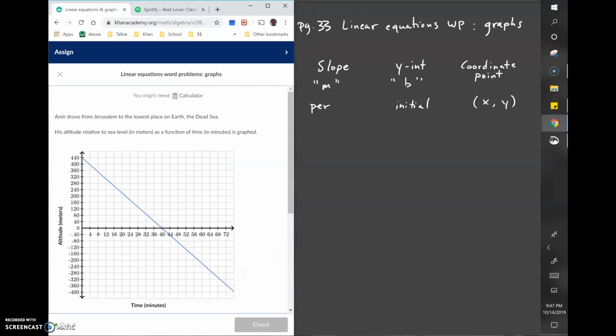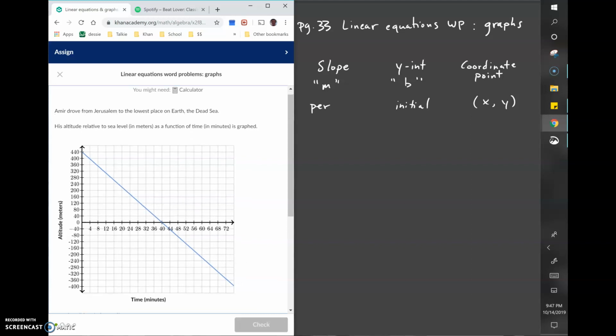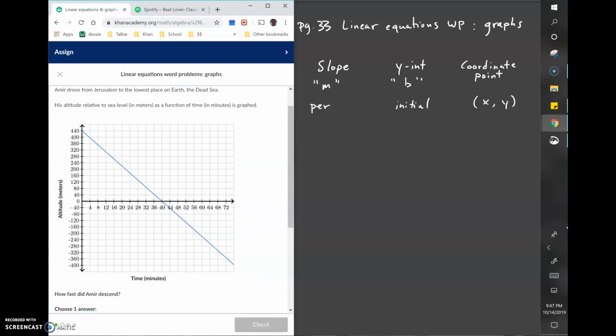Alright, Amir drove to Jerusalem to the lowest point on Earth, the Dead Sea. His altitude relative to the sea level as a function of time is graphed. So essentially what we have here is his time and how high he is above the sea.